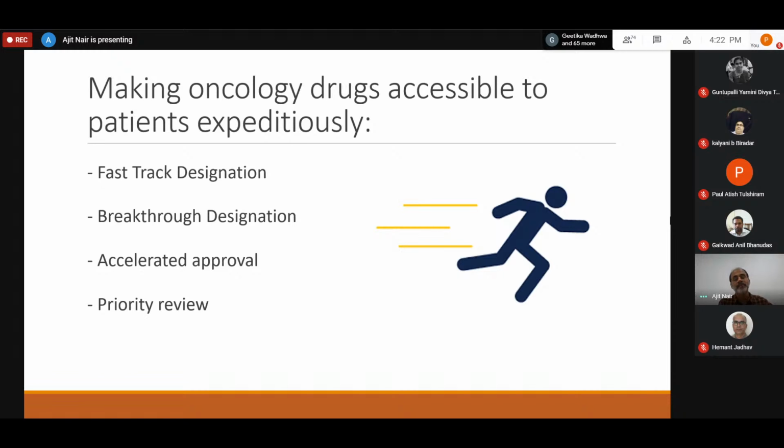expedited review and development. Just to give an example, fast track designation is primarily given to companies who are developing drugs in areas where there's a highly unmet medical need. For example, in a certain cancer, there are some drugs available, but they're not really working well. The patients are progressing very fast. The patient at stage 1 gets to stage 4 of the disease very quickly.